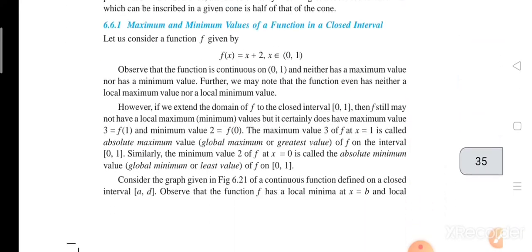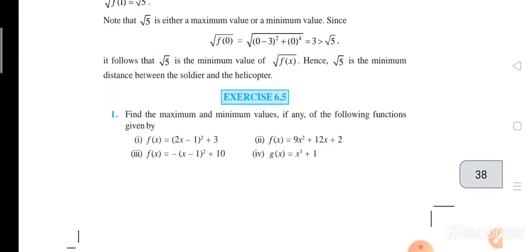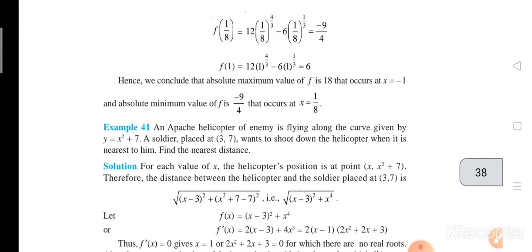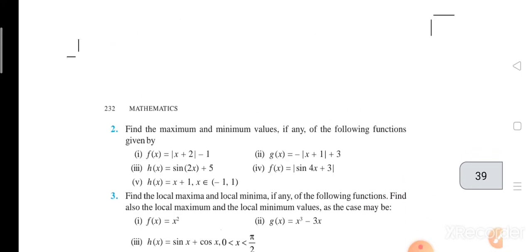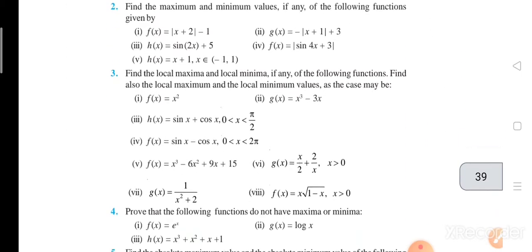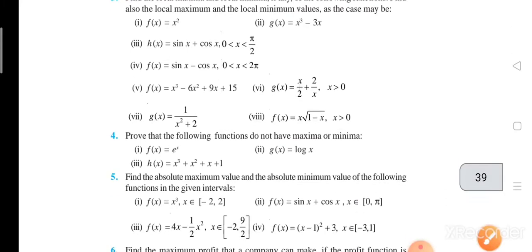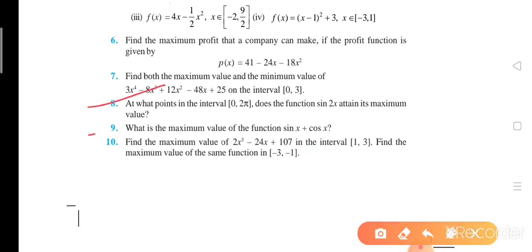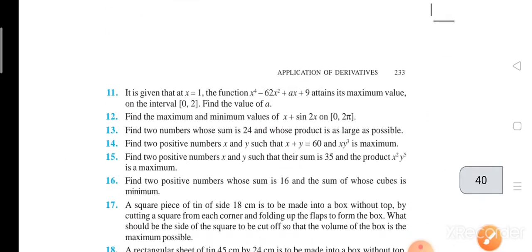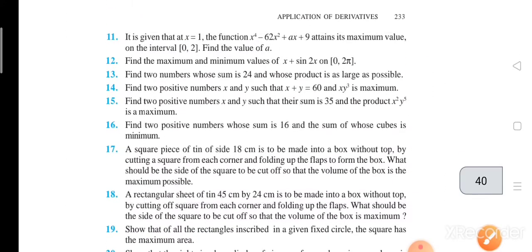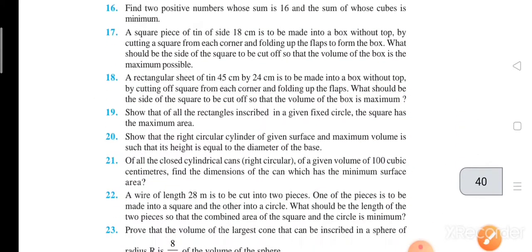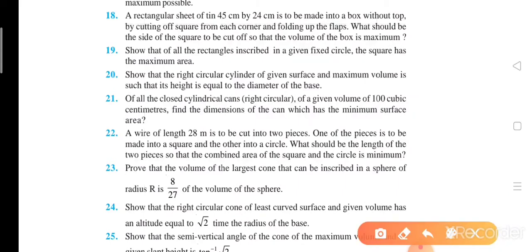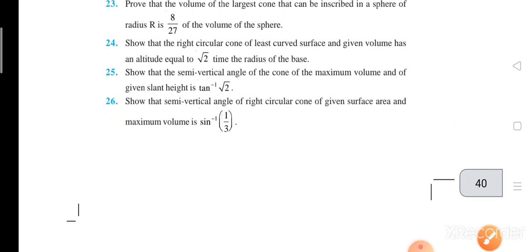So when we come to exercise, all questions are important, but in exercise we have question number 3, 8, 9 and 10, 15, 18, 20, 21 onwards to 25, all are important, along with 26 question.